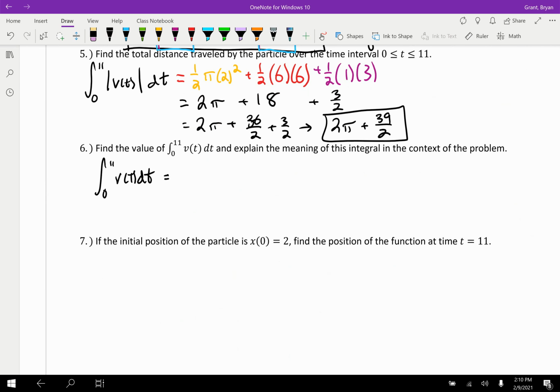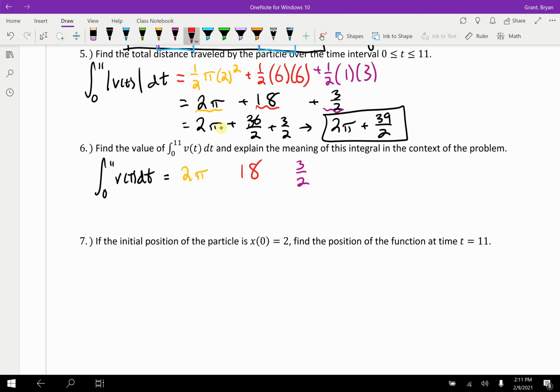But remember, the other way to calculate an integral is to measure the area beneath a graph. And so we can just do the same areas as before, right? We have 2 pi, we also found 18, and we also found 3/2. However, there is no absolute value here. The 2 pi is the half circle that's above the x-axis that stays positive.